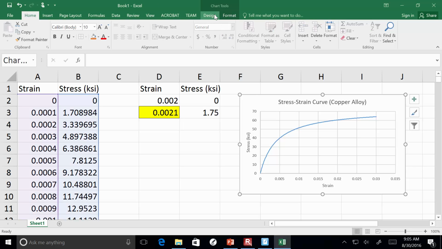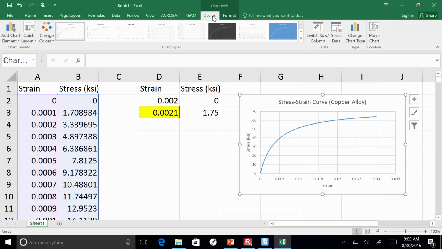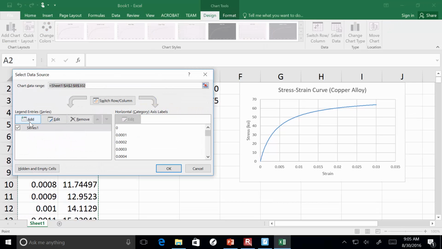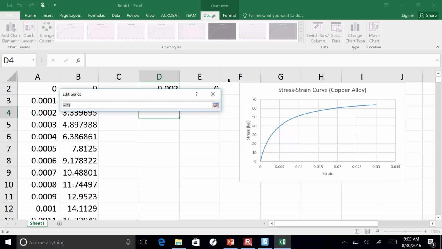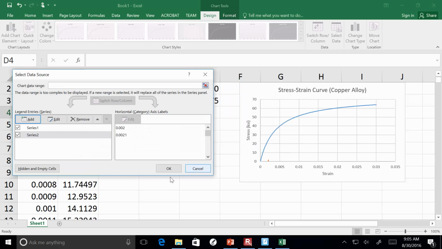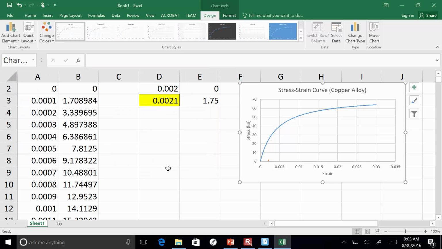Now, what I'm going to do, I'm going to go to Design, Select Data, and I'm going to add another curve. So make this the X values, make this the Y values. Okay. See it right there? So watch what happens when I increase this strain.